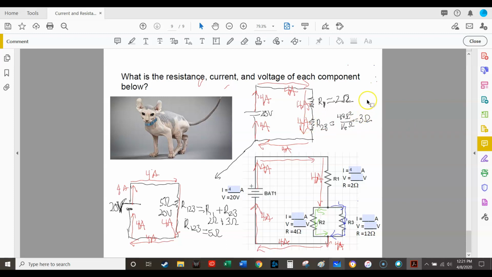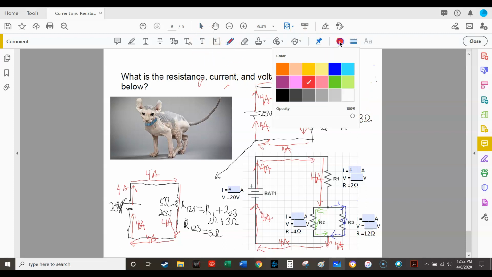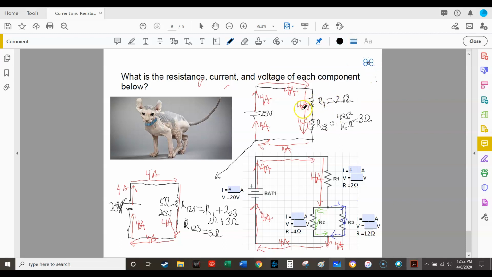Now we could calculate the voltage that R1 is consuming. If R1 is getting 4 amps, that is 4 times 2, which is 8 volts. So 4 amps times 2 ohms, 8 volts. We know this resistor is consuming 8 volts, and we can mark that here.